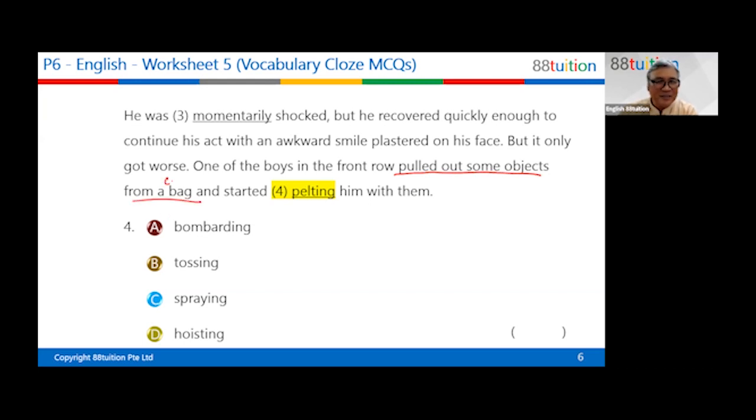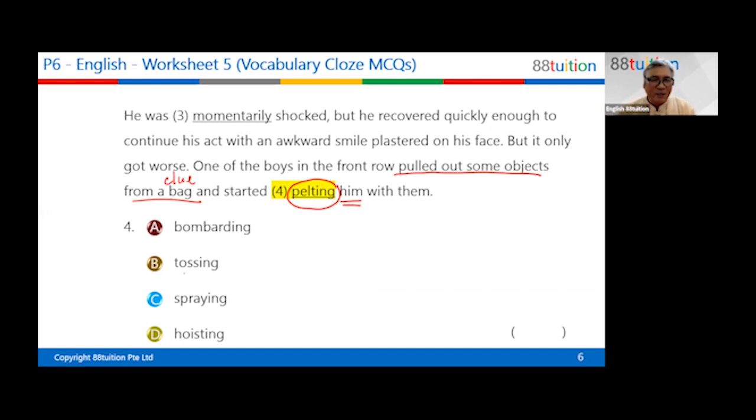Okay, that's a big clue there. He pulled out some objects and started, so it probably is throwing these objects at him, right? But the pelting here doesn't talk about the objects that he pulled out from the bag as objects, but him. So pelting him. So it must be throwing at him.